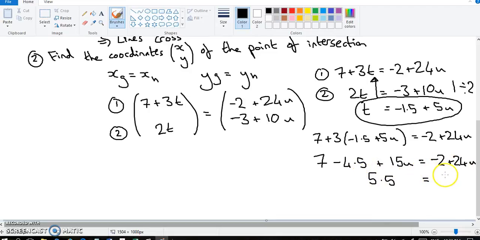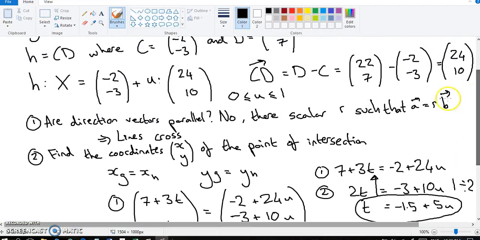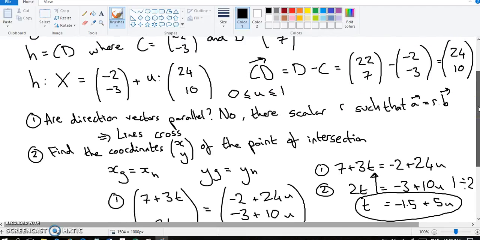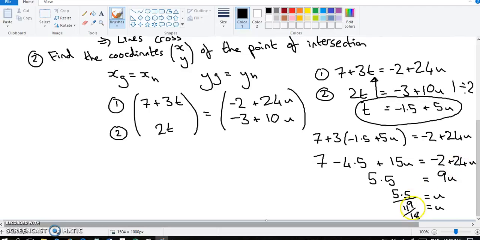And 24 take 15u is 9u. So 5.5 over 9 is equal to u, which is 0.61 recurring, or 11/18. And this is fine because it's between 0 and 1, so it definitely lies on H, so that's a good thing.